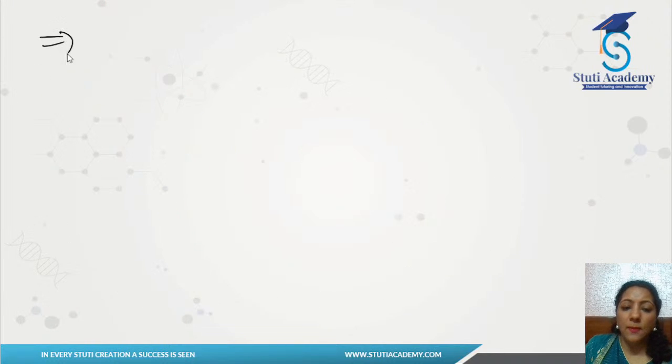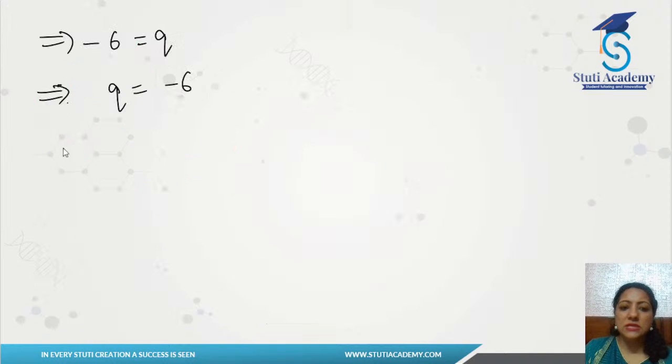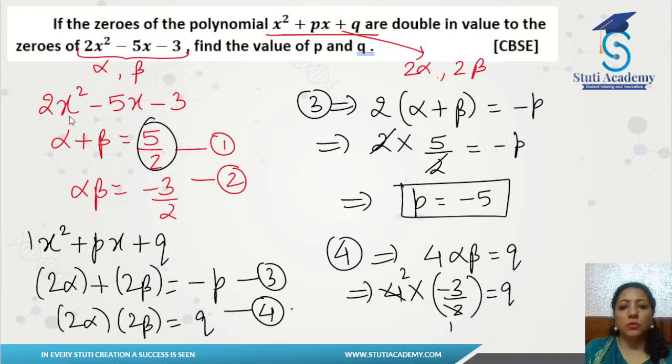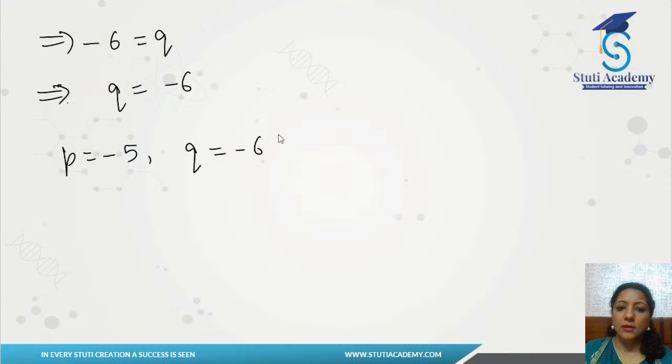That's actually minus 6 is equal to q. So we can say that q is equal to minus 6. Finally, we have p as minus 5 and q as minus 6. So in the question, they were asking us to solve for the values of p and q. We've got the same. So this is the required answer.